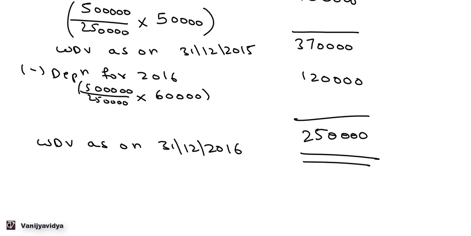And for the depletion method, the total anticipated quantity available in that particular mine will be given, and the total amount extracted every year will be given. So using similar logic, we can calculate the depletion for that mine. So this was about the machine hours method, units of production method, and depletion method.